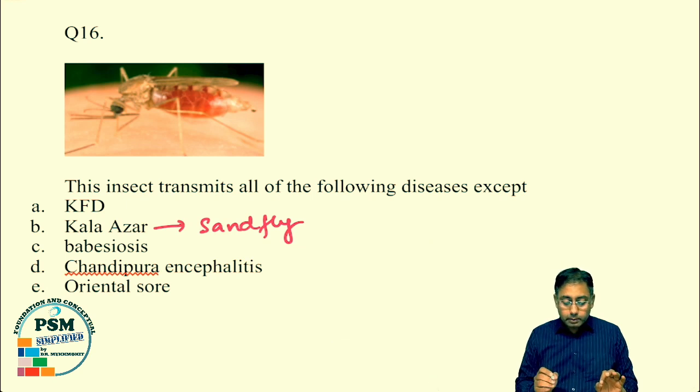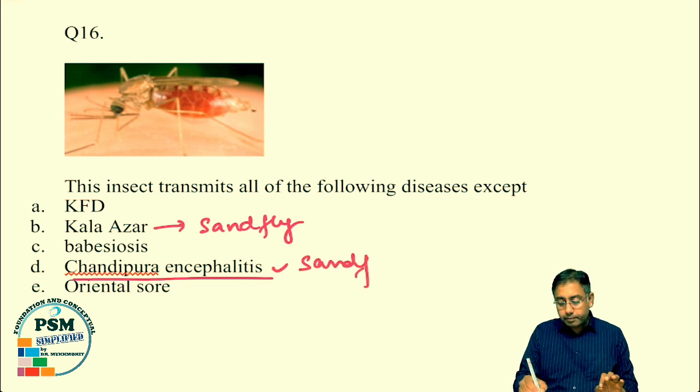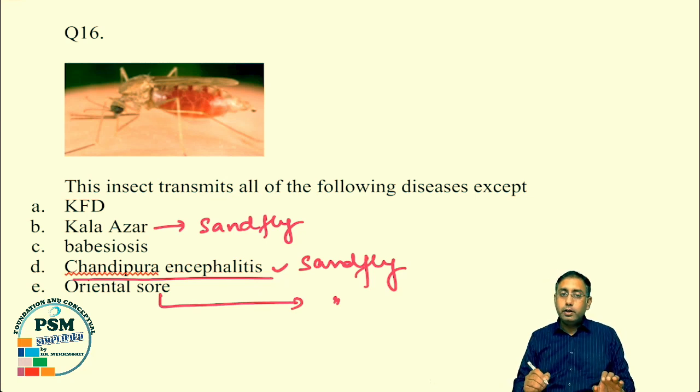Babesiosis is not caused by a sandfly, but there is another one, Chandipura encephalitis, which is again a sandfly disease, and oriental sore, which is also a sandfly disease. Everybody knew about oriental sore and Kala azar, but Chandipura encephalitis? Chandipura is a small town in Gujarat where the encephalitis was reported, predominantly because of the sandfly species.